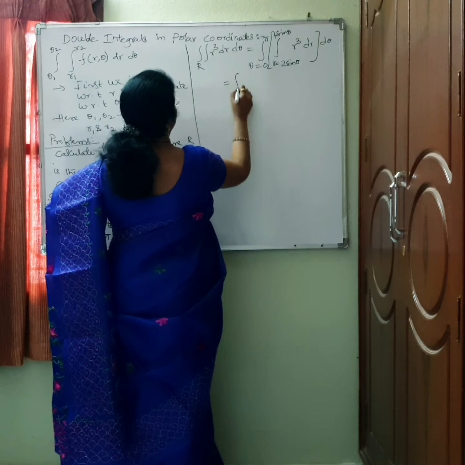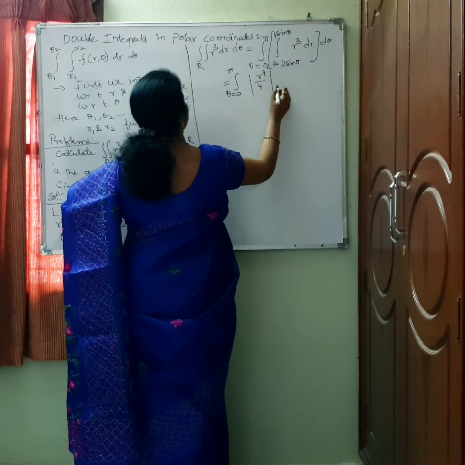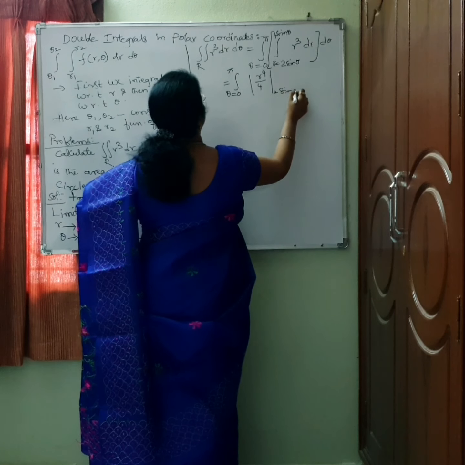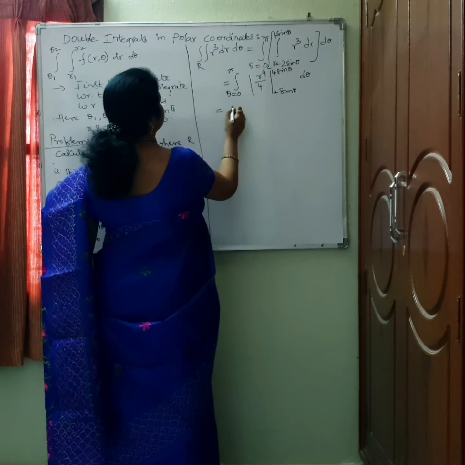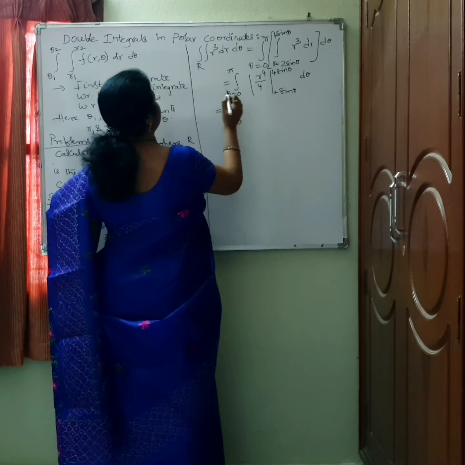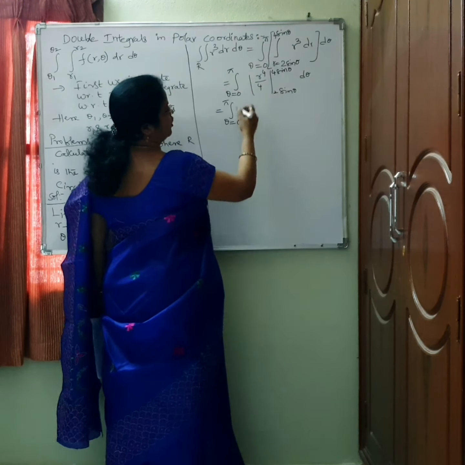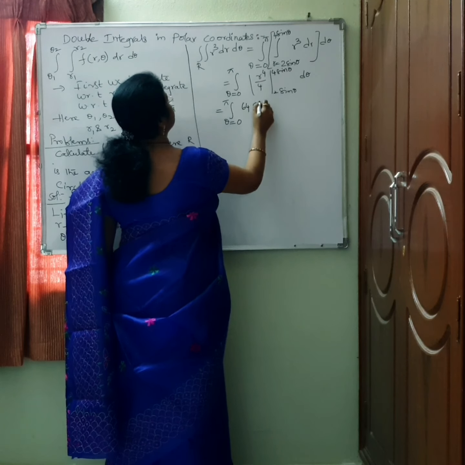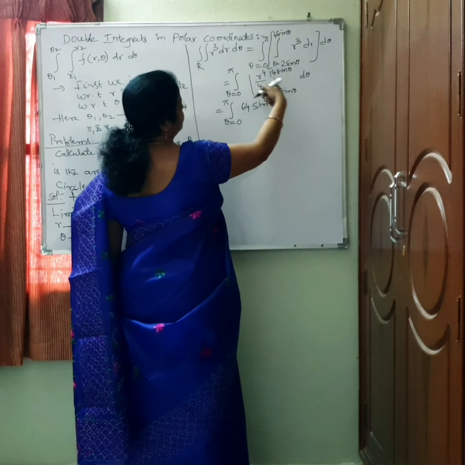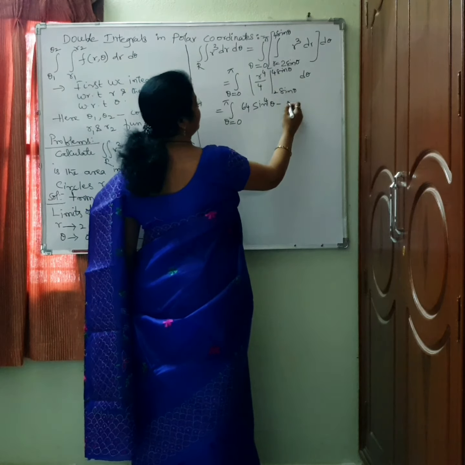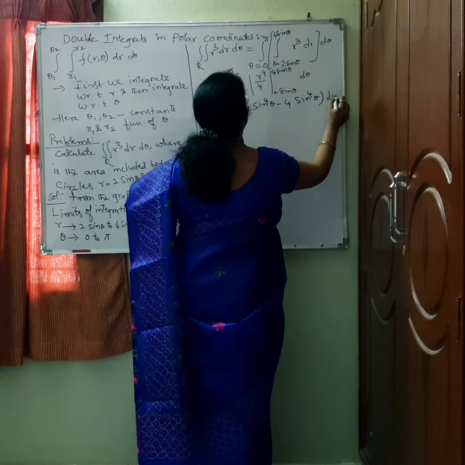The integral of r cube is r power 4 by 4, with limits from 2 sine theta to 4 sine theta, and d theta stays as it is. So it becomes 4 cube, that is 64 sine power 4 theta, minus the lower limit: substituting r equals 2 sine theta gives 2 to the power 4, 16 by 4, which is 4 sine to the power 4 theta, d theta.